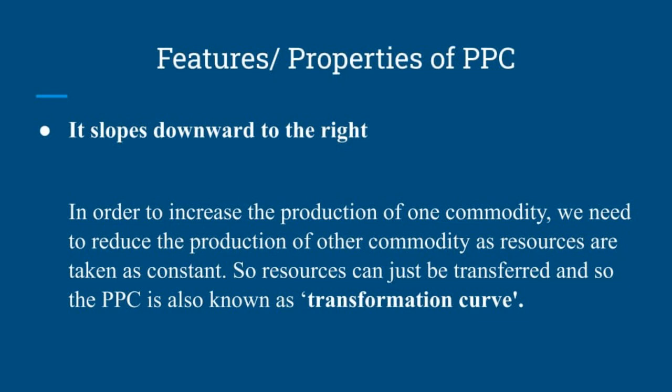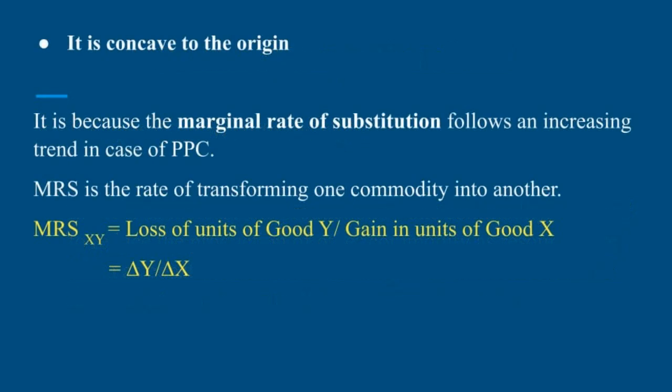So if we want to increase the production of one commodity, we will definitely need to reduce the production of the other commodity. Here resources can just be transferred from the production of good Y to good X, and so the PPC is also known as the transformation curve.